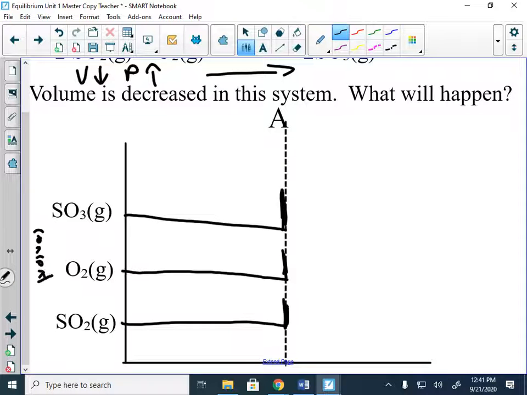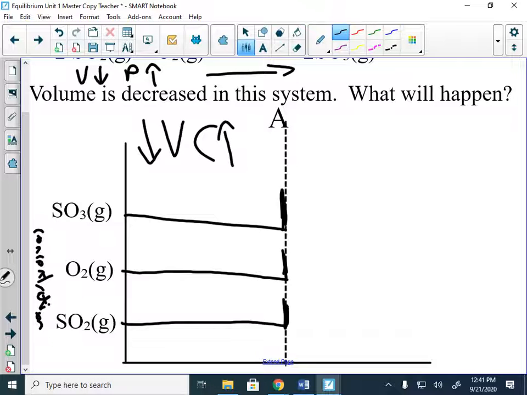If you remember, if you decrease volume, the concentration of everything goes up because you have less space for it to take part in. Concentration is chemical amount per volume, chemical amount per space. The easiest way to show this is mathematically.